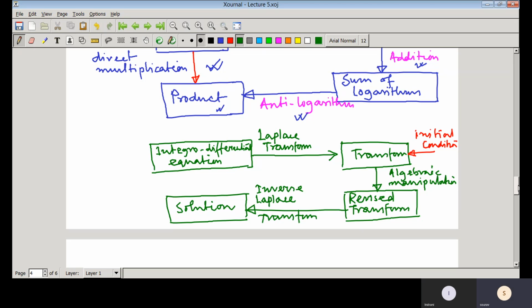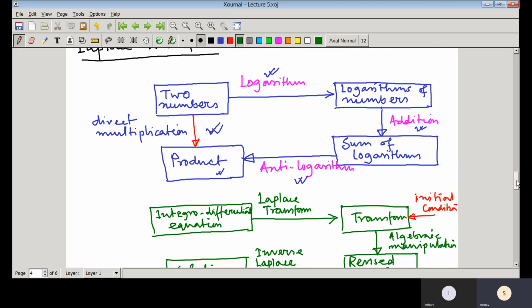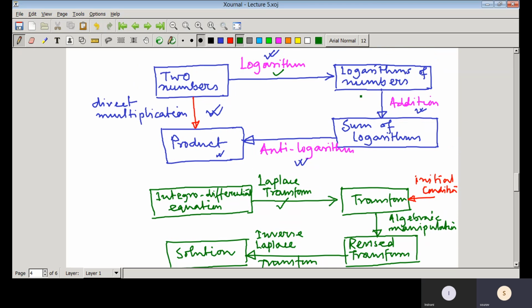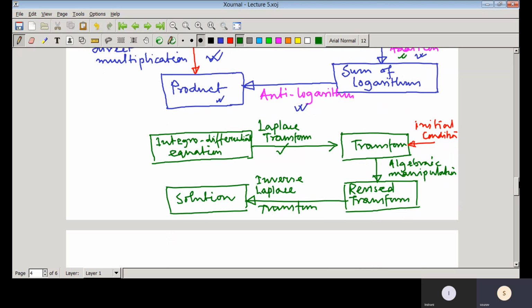So this is very similar to the above one. In case of logarithm, we have two numbers, we take the logarithm, and we get the product of these two numbers in addition form. Here, whenever you take the Laplace transform, it comes into algebraic form, then you do some algebraic manipulation and get the solution in transformed form.